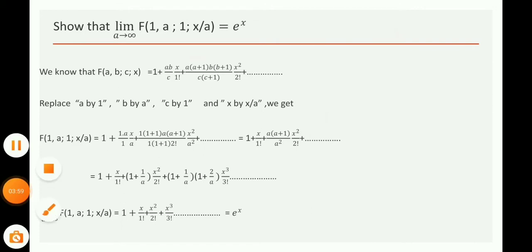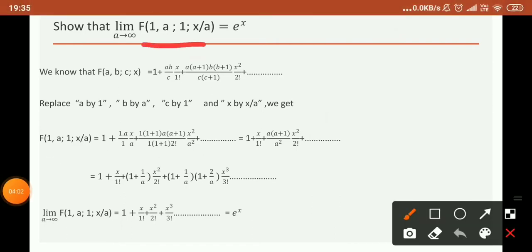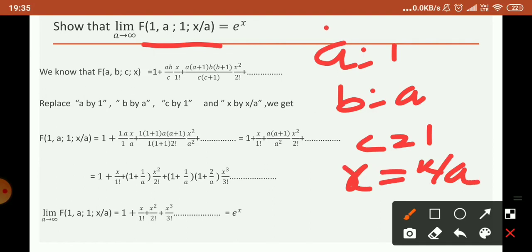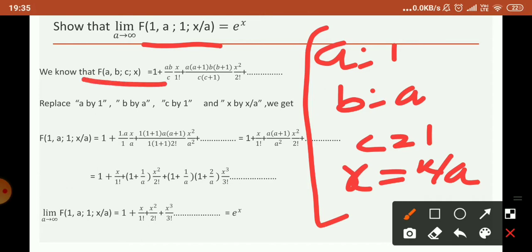So this is again the case of a hypergeometric function because it involves three variables. a is replaced by 1, b is replaced by a, c is replaced by 1, and x is replaced by x upon a. So in this standard hypergeometric function, all these variables are replaced and we get this thing, which is the question here. So what we have to do is write the hypergeometric function and its expansion.